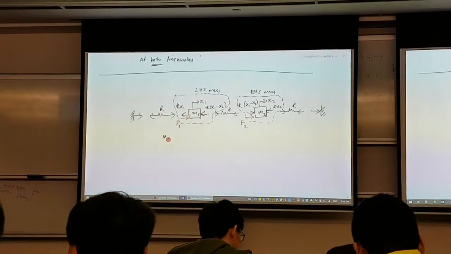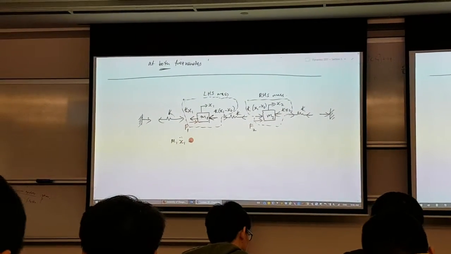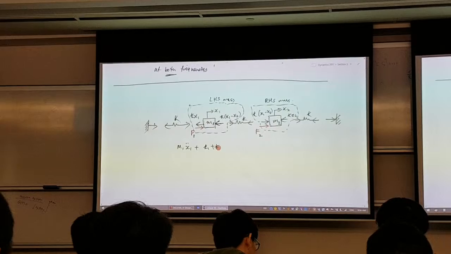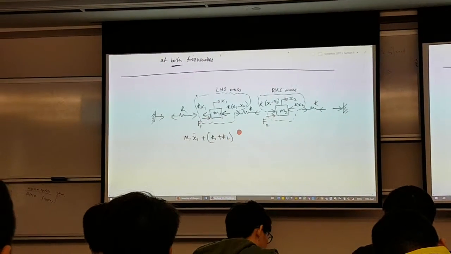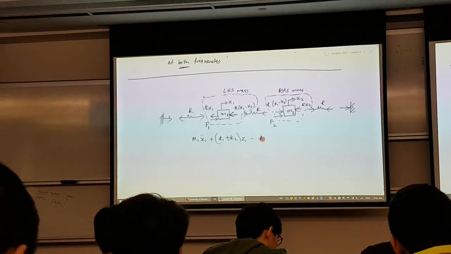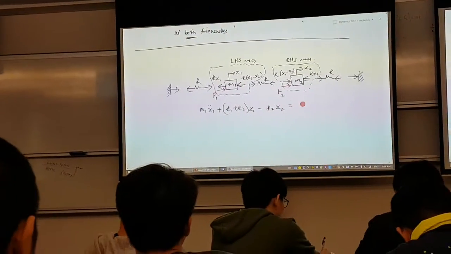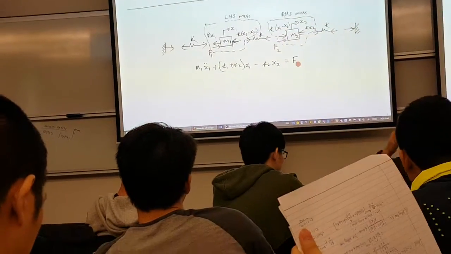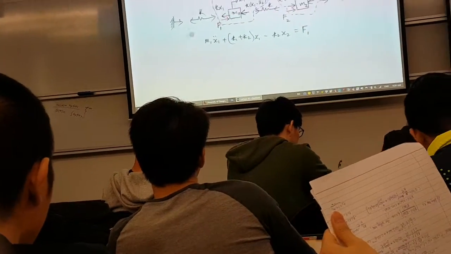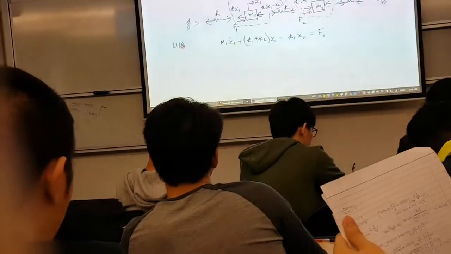So you have M1 x double dot 1 plus K1 plus K2. I'm not going to formulate that. I'm just going to say that this one is equal to F1, considering your left-hand side mass.